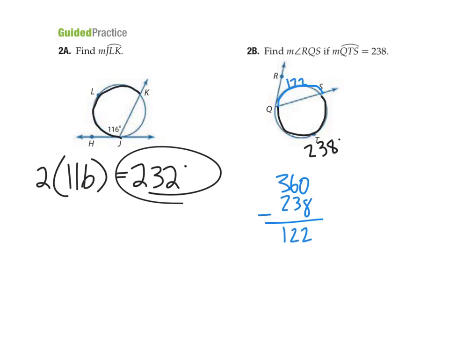So QS is going to be 122. Now they want us to find the measure of the angle RQS. So this angle is going to be half of the arc. So we can do 122 divided by 2, and we get 61 degrees. So 61 is the measure of angle RQS.